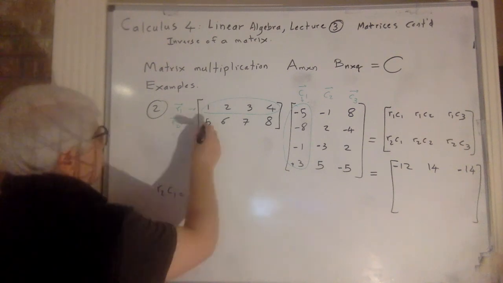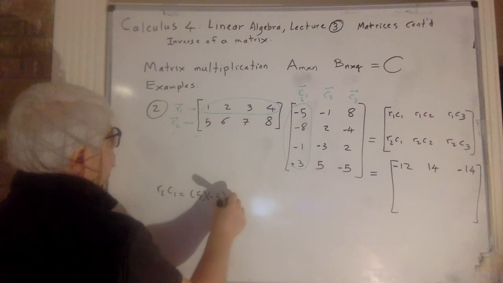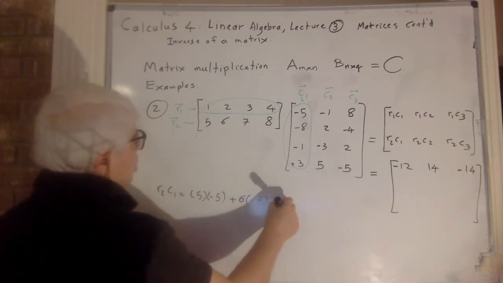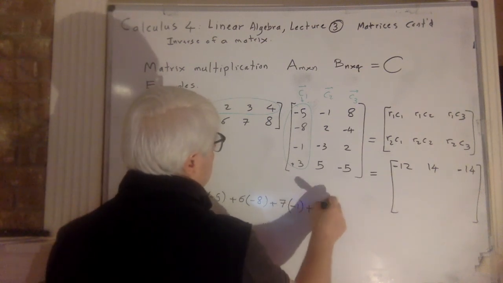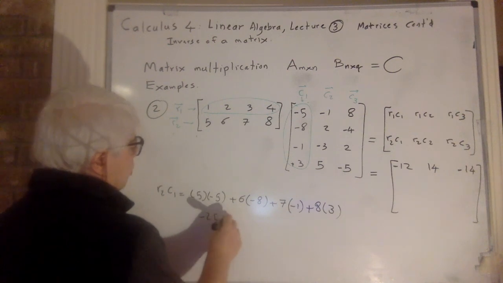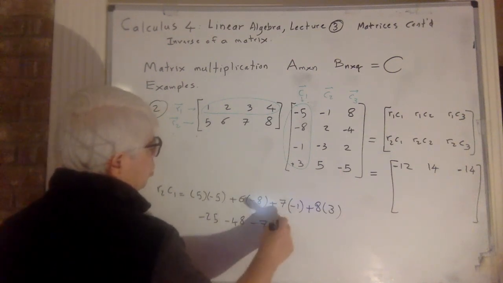R2C1 will be this and this. So I have 5 times minus 5 plus 6 times minus 8 plus 7 times minus 1 plus 8 times 3. So minus 25 minus 48 minus 7 plus 24.